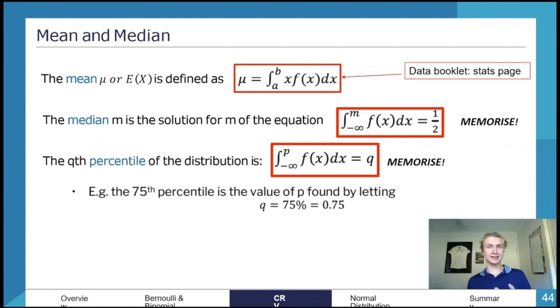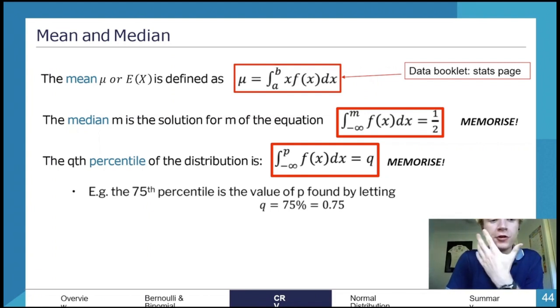This is for continuous random variables. This is what I was talking about before when I said this is how we calculate the mean. This formula is once again stated here. We're now reinforcing it on this slide.